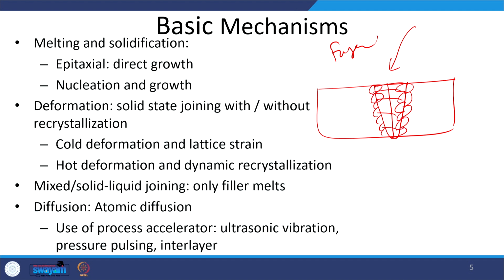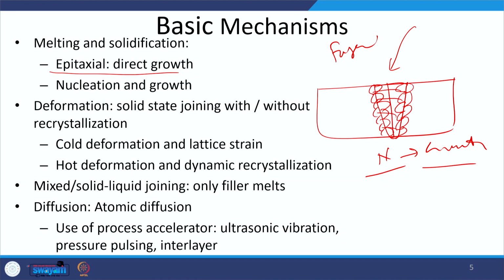In such a situation where we do not use any filler, or a filler of exactly the same metal as the parent metal is used, there is no nucleation stage in solidification; direct growth takes place. This kind of solidification approach is known as epitaxial solidification, which directly involves growth, no nucleation.